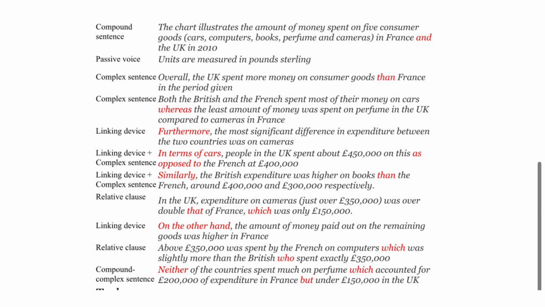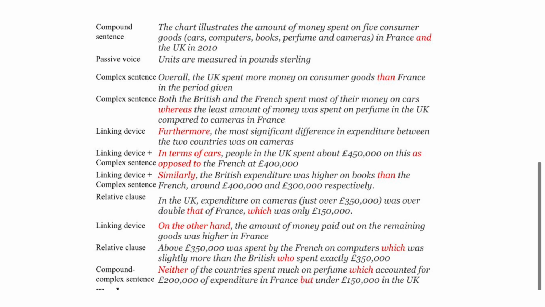In the UK, expenditure on cars was just over 350,000 pounds, was over double that of France, which was only 150,000 pounds. So again, which, that is a relative clause, because it is in reference to the word ahead.